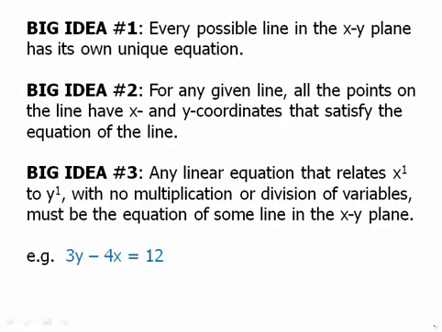So for example, we look at this. Y is to the first power, x is to the first power. That has to be the equation of some line in the xy plane, and that's exactly why these are called linear equations. You may remember back in algebra we were referring to these as linear equations. We're referring to them because every single one of them corresponds to a unique line in the xy plane.